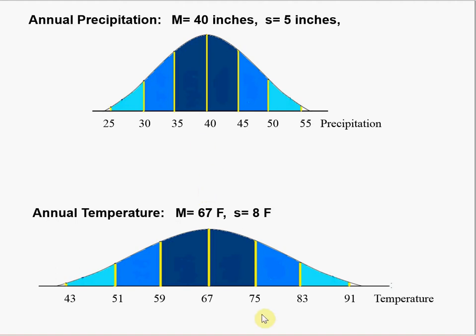Then we know 75 is one standard deviation, and between 67 and 75 you have 34.13% of all annual temperatures of the last 60 years, and between 43 and 67 you have 49.87% over the last 60 years.